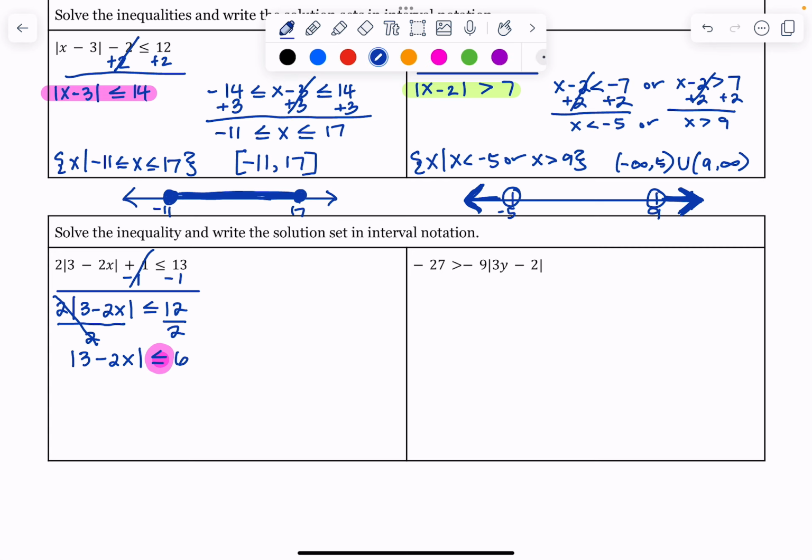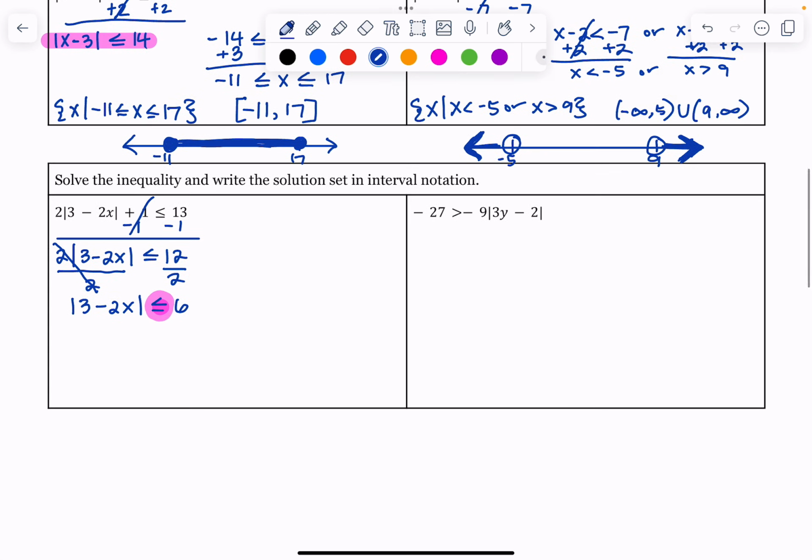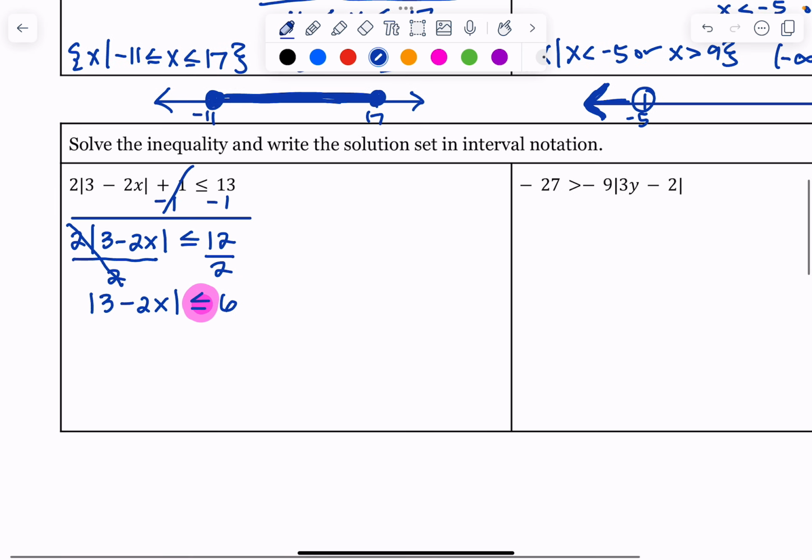Okay, so because of that, I'm going to go over here for a little bit more space. We're going to keep what our absolute value is inside, and we're going to put that between our less than or equal to symbols, and we're going to go from -6 to +6.